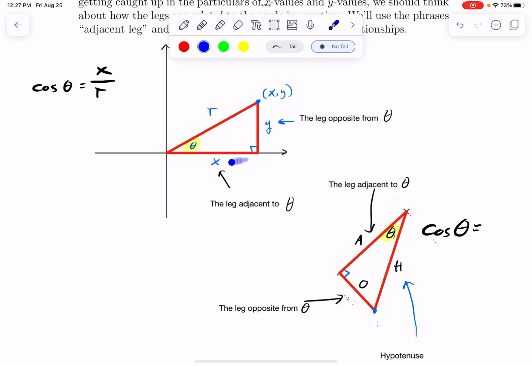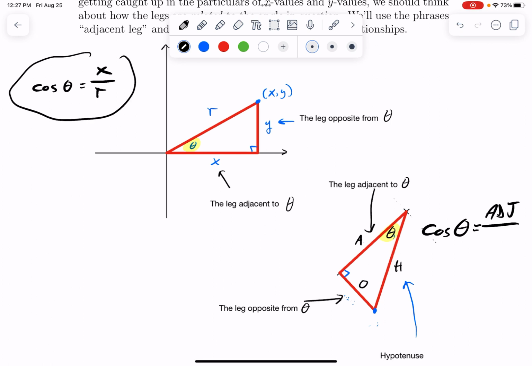X was measuring the length of the adjacent leg. Here's the angle, here's the leg that is right next to it. Over here, here's the angle, here's the leg that is right next to it. Make sure you're not picking the hypotenuse. So the leg right next to that is what we just call the adjacent leg. I'm just going to call that A for adjacent. I'll call it ADJ for now.